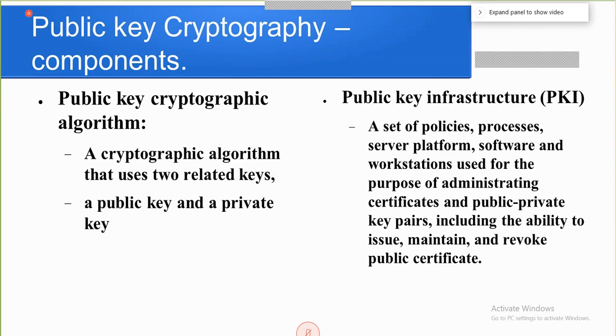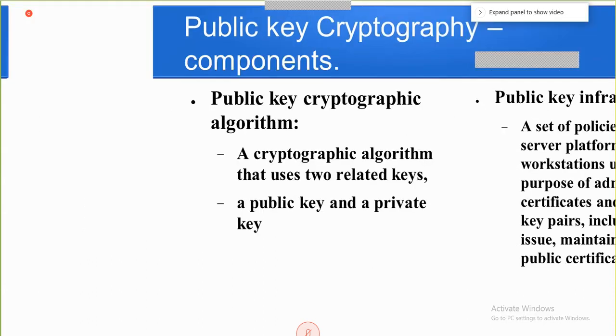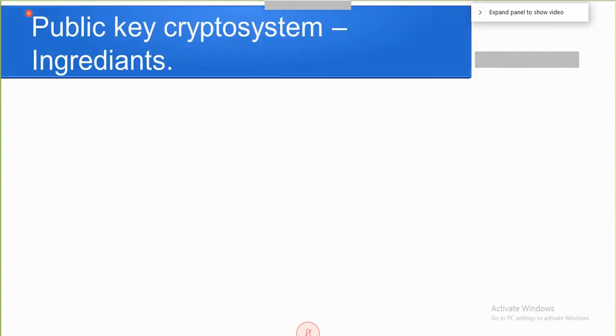So previously we had the certification authority, and this authority comes under this infrastructure, including the ability to issue, maintain, and revoke public key certificates. So there are a total of four components: the keys, the certification authority, the cryptographic algorithms, and the public key infrastructure.